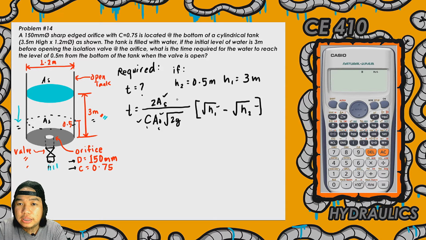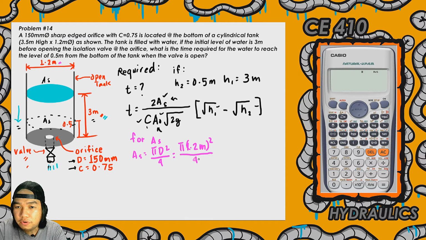So, ngayon, compute muna natin itong dalawang cross-sectional areas na to. So, for the tank or for A sub S, that is pi d square over 4. So, that is pi times the diameter of the cross-section which is 1.2 meters square over 4.